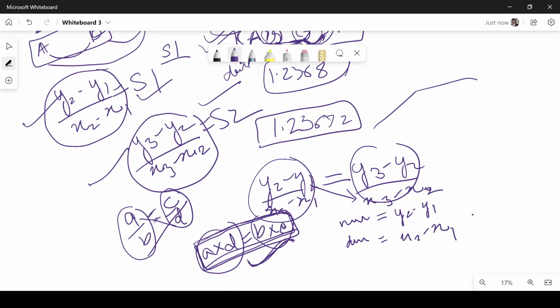This is done. So suppose this is the previous numerator and previous denominator. Now when you come to the new point, calculate the new numerator and the new denominator. So this is the current numerator and this is the current denominator.